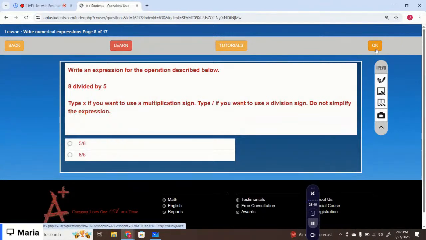Write an expression for the operation described below: 8 divided by 5.